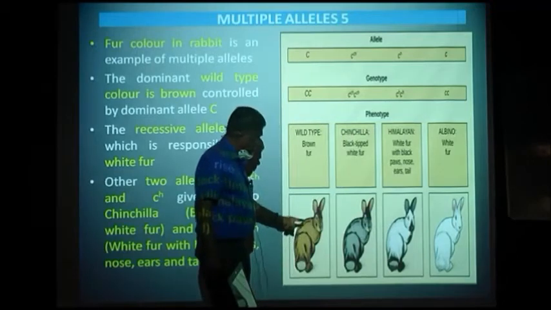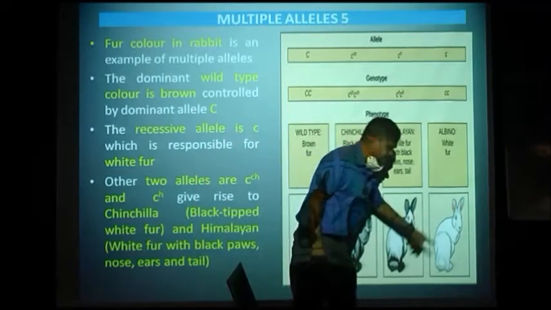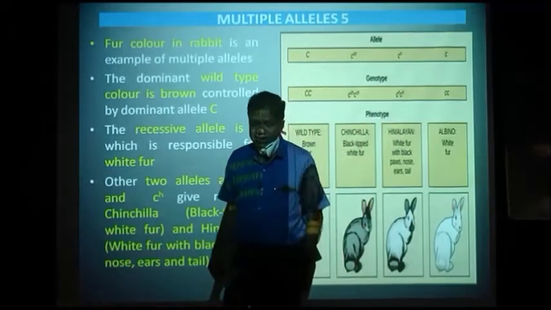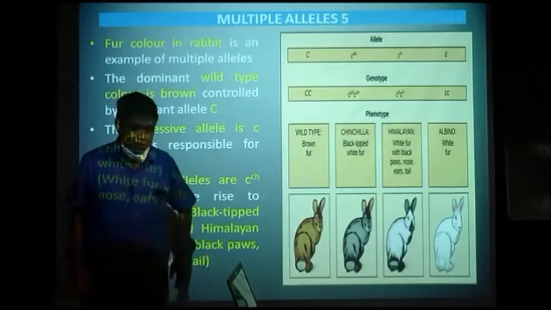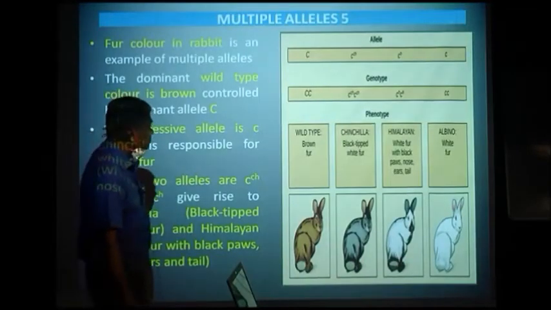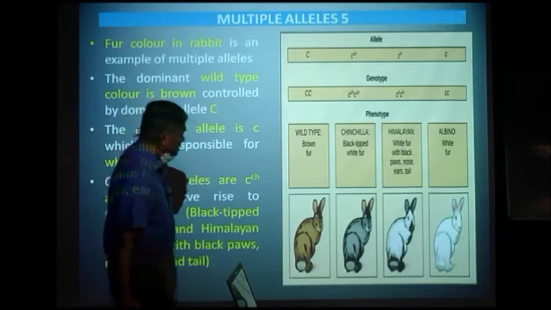And here we get brown because this is dominant. Here we get white because it is recessive. So what are the examples of multiple alleles? Brown, which is wild and dominant; albino or white, which is recessive.